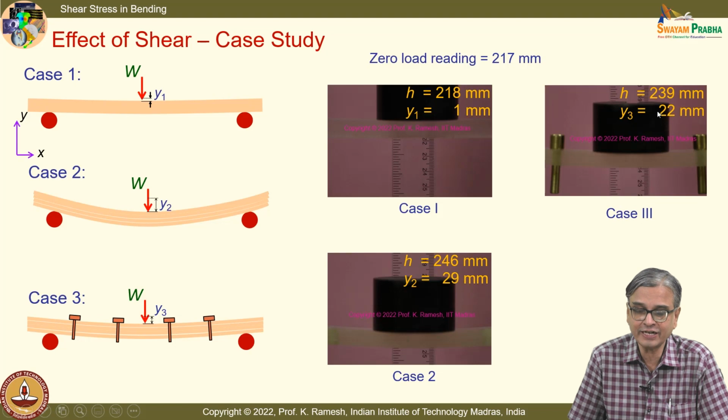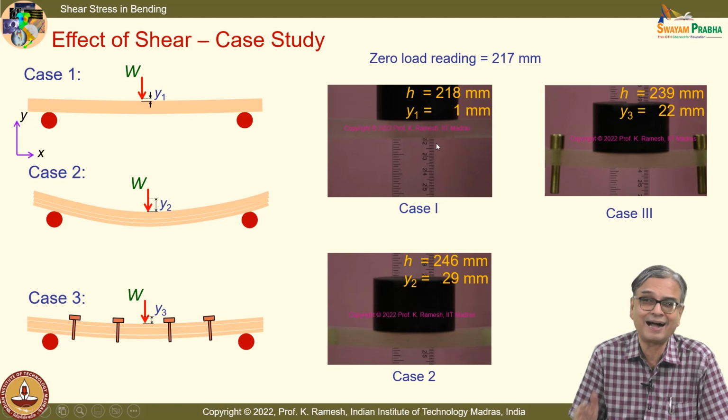And you find the deflection is reduced compared to the earlier case by about 7 millimeters. This is 22 millimeters and this is 29 millimeters. Whereas if I have the solid beam, that had hardly any deflection.